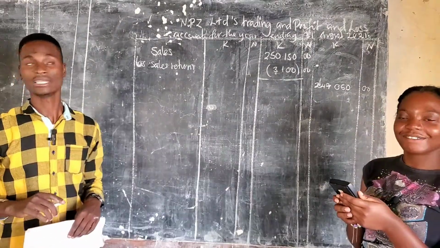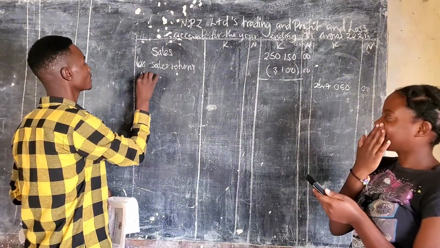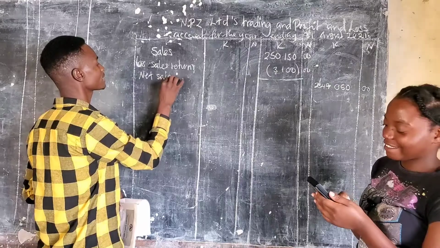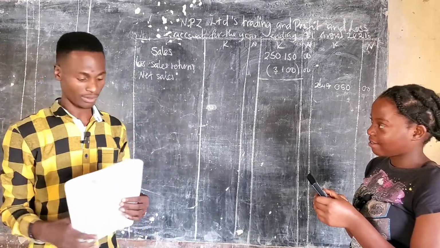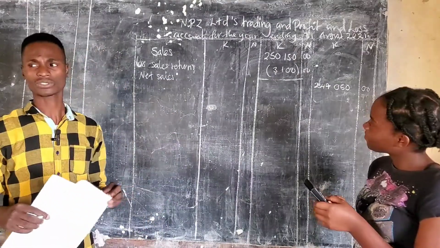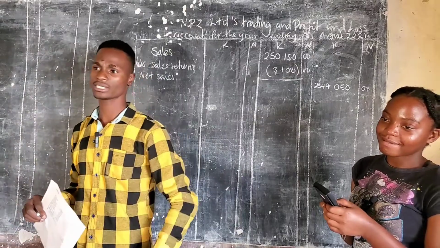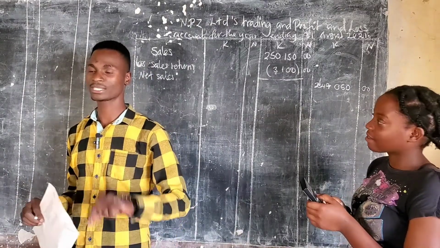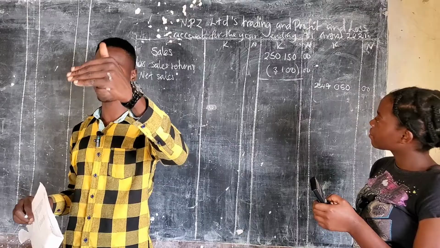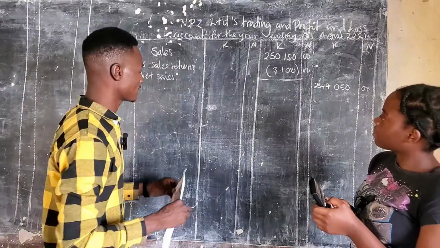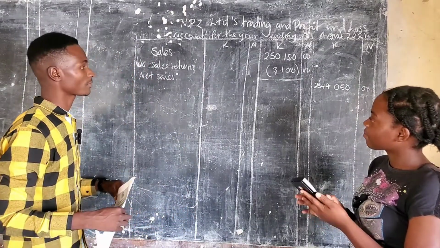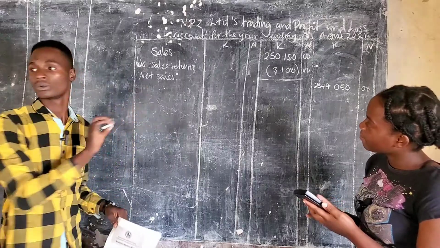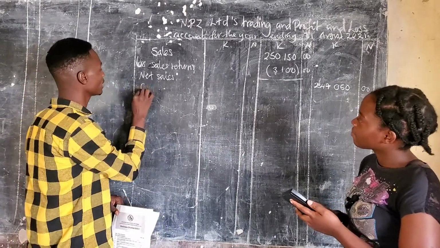Net sales, okay? So it's called net sales or turnover. When they ask you, what is the net sales? It is the difference between sales and sales returns.